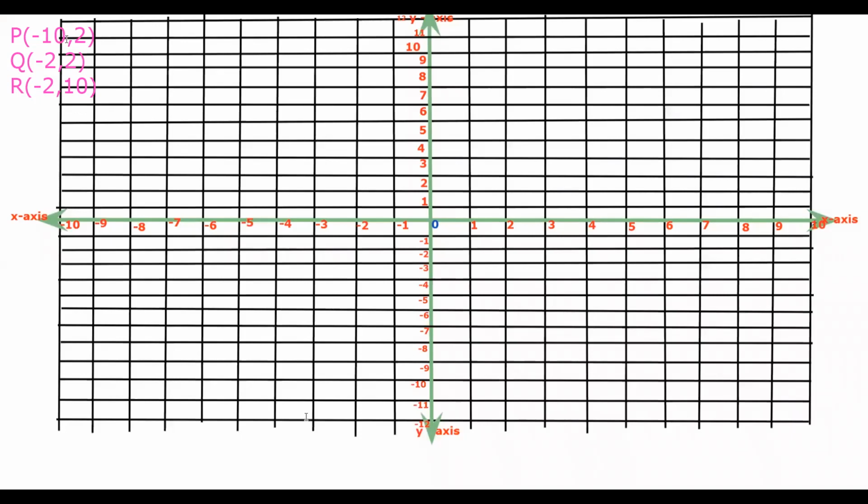So negative 10, the x coordinate, can be found on the x-axis. The y coordinate can be found on the y-axis. We have the negative 10 here, and the 2 will be here. So you plot that one, and that will be negative 10 and 2.